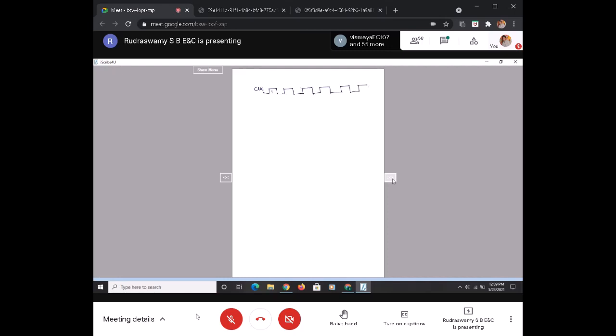So clock: 1 0 1 0 1 0 1 0 1 0 1. M means master enabled, S means slave enabled. Master enabled means automatically the slave will be disabled, and vice versa it continues. MS, MS, MS.